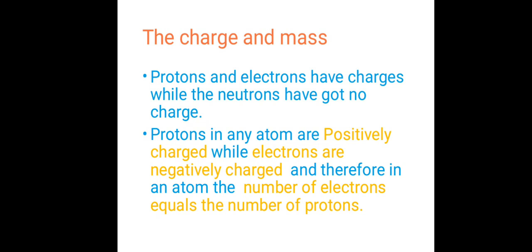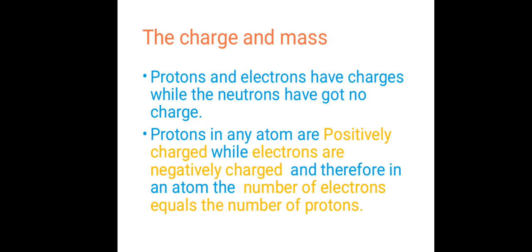So first we have the protons and electrons having charges. Those are the particles which are charged. But the neutrons don't have any charge. So protons in an atom are positively charged, while the electrons are negatively charged.